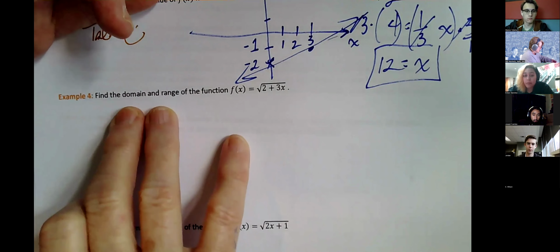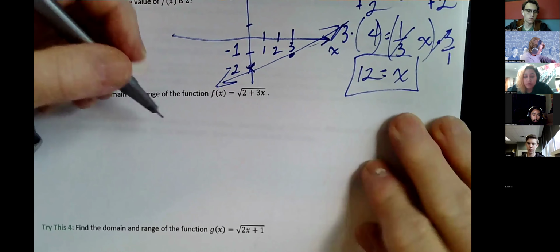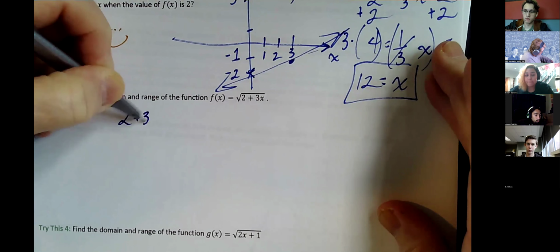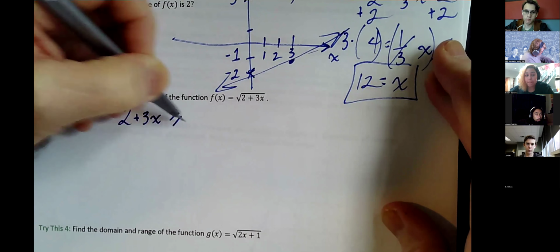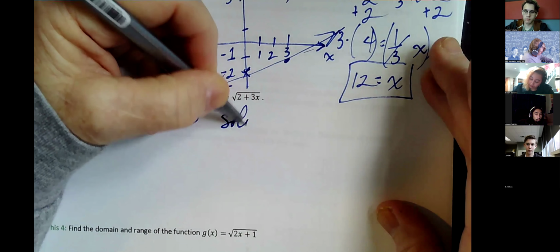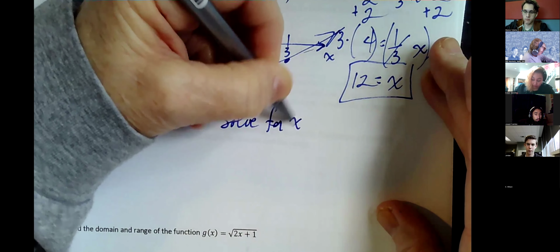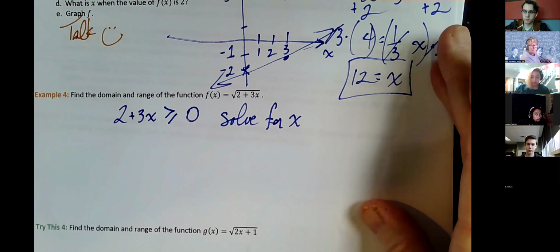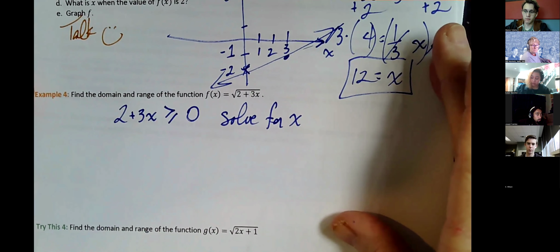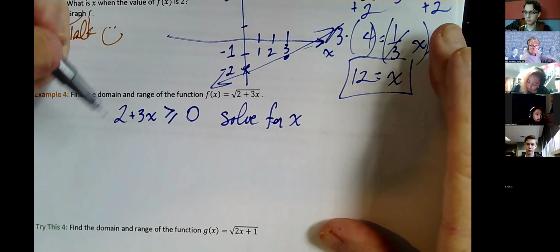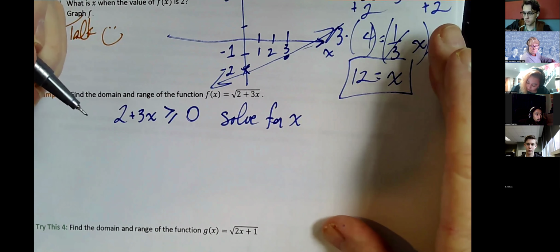So to find the domain of something like this, we're going to take whatever is under the square root symbol and set it greater than or equal to 0. And then we're going to solve for x. Well, help me out. We need to separate x from everything, so move the 2 to the other side.